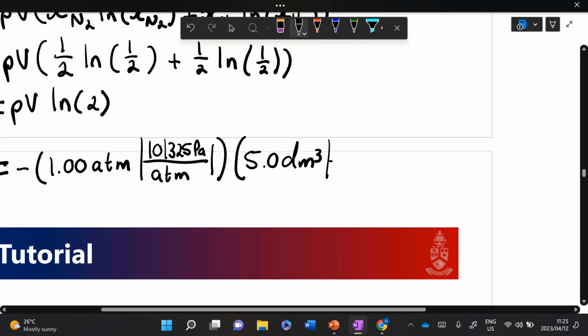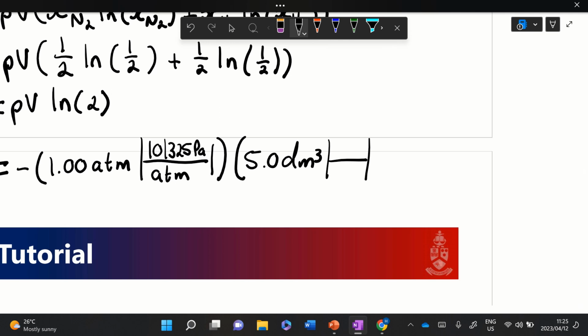And how many decimeters are there in a meter? There's 10 decimeter in a meter. So we have meter and we have decimeter, then we have meter cubed, so we can plug that in.